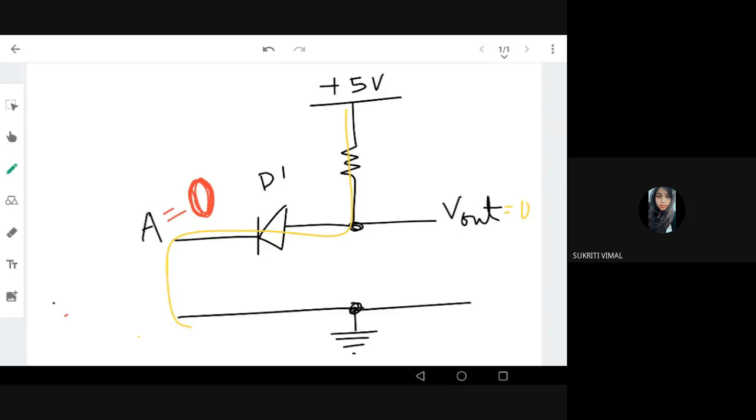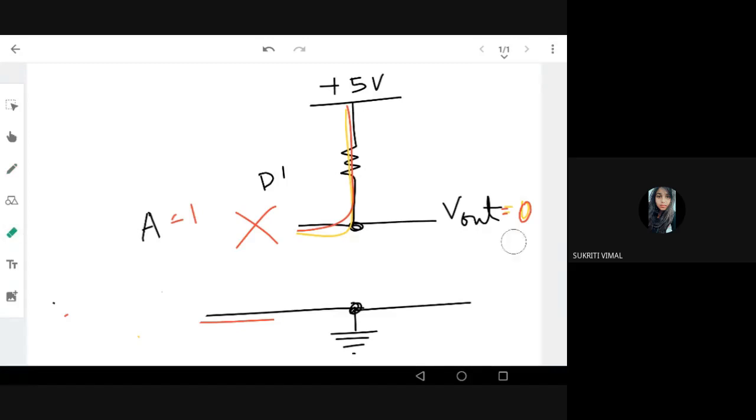When A is 0, the diode is on and the output is also 0. Now when A is high, the diode is not conducting, so there is effectively no diode here. That means the output is now high.